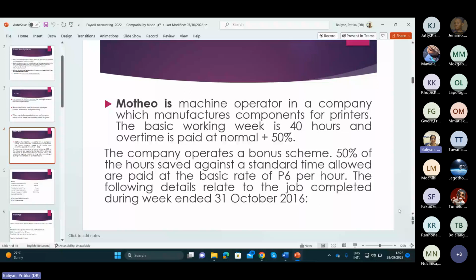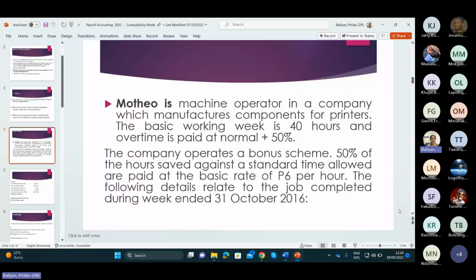Will you read this slide? The basic rate to pay per hour is 6 pula, and the normal working hours in a week is 40. If somebody does overtime, he will be paid the normal rate plus 50% of the normal rate if they work more than 40 hours.